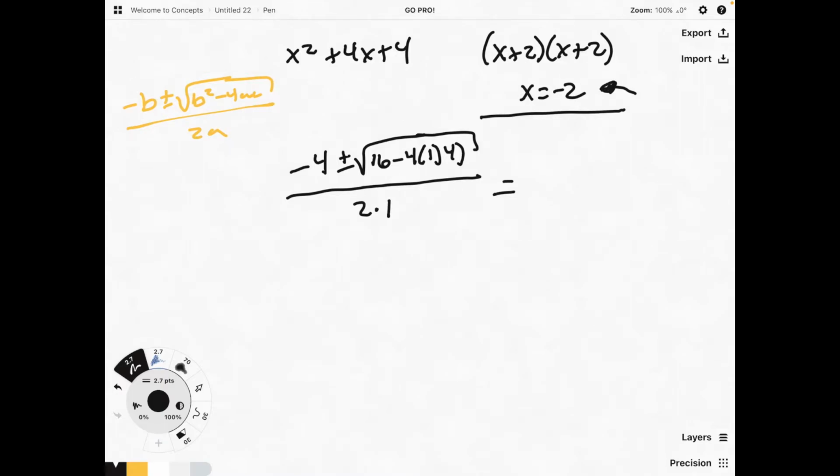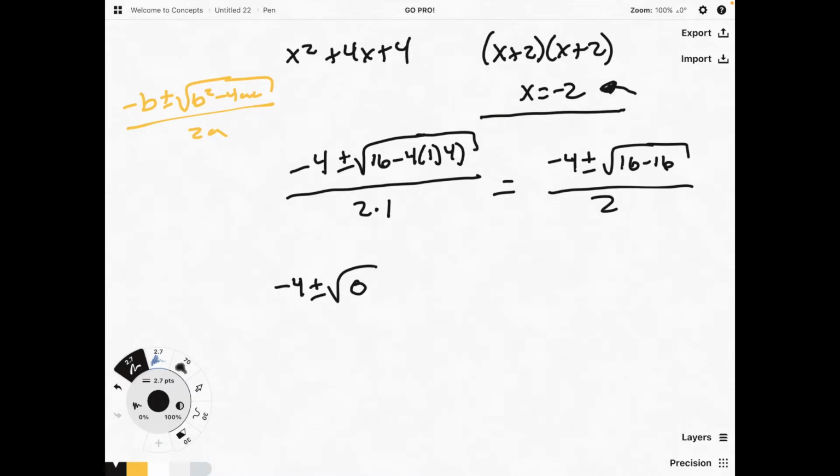This can simplify down to negative 4 plus or minus the square root of 16 minus 16, because 4 times 4 is 16, all over 2. Further simplifies down to negative 4 plus or minus the square root of 0 all over 2. If we want to continue with this, we know that the square root of 0 is equal to 0, and therefore this term cancels out because there's nothing we can do.